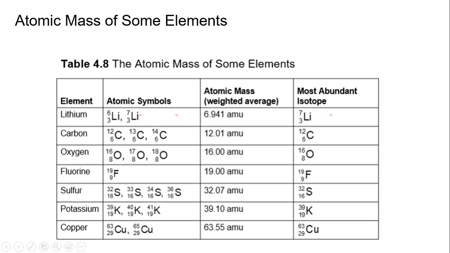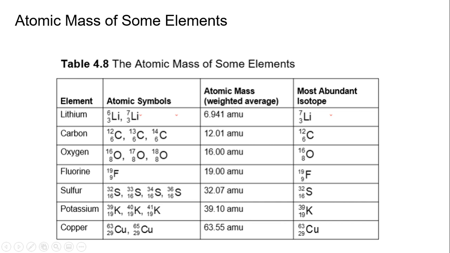So here is a list of atomic masses, and the percentage that has the highest percentage usually is the one that defines the amount that you see on the periodic table. For instance, you have lithium-6 and lithium-7. The atomic mass weighted average here, this is what you see on the periodic table. You can obviously tell that this is closer to 7 than this is 6.